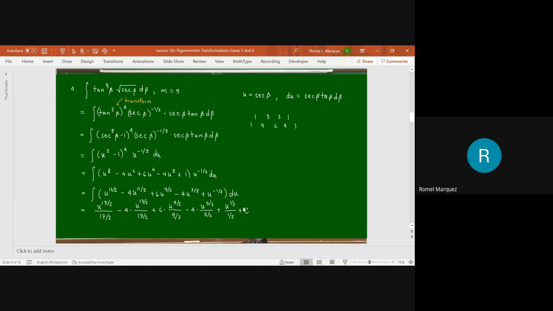Okay, guys? What is this equal to? 2 over 17.